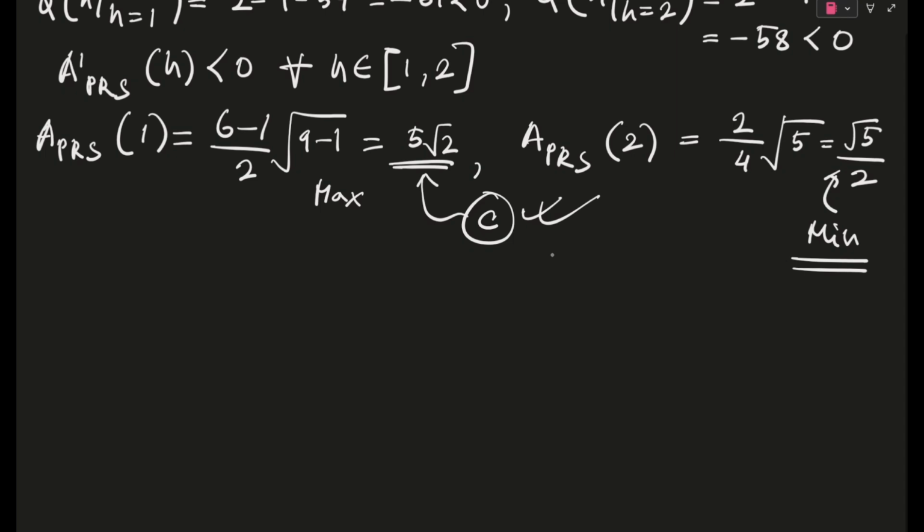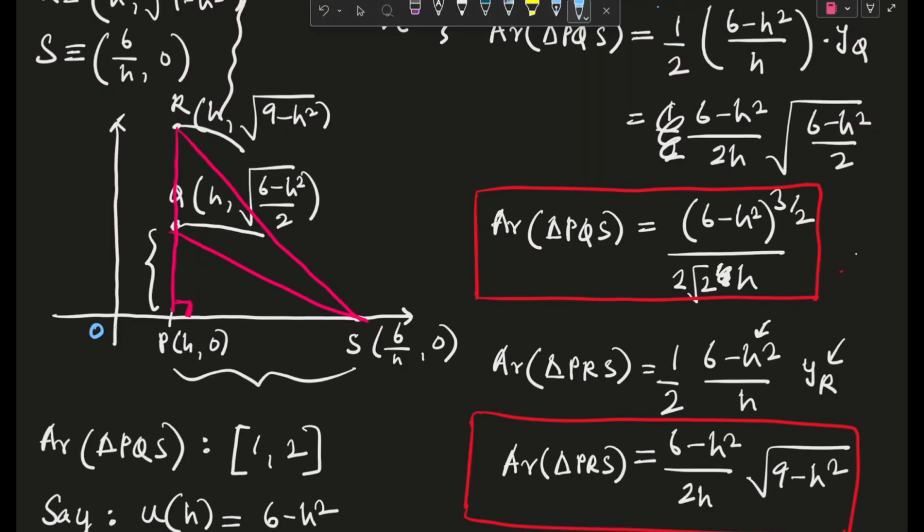In option number D, they have asked us whether angle OQS, this particular angle, will remain constant or not. So for that I am returning to the diagram we had drawn a while before. Okay, so guys, this is the origin, this is the point Q. So if we join this point, then I will try to highlight this with the blue color.